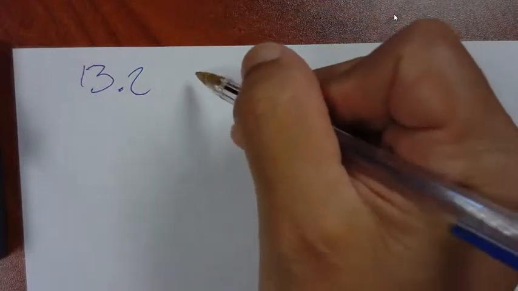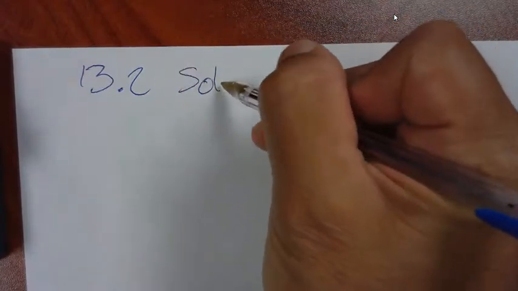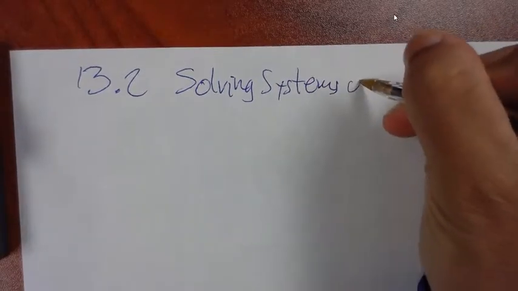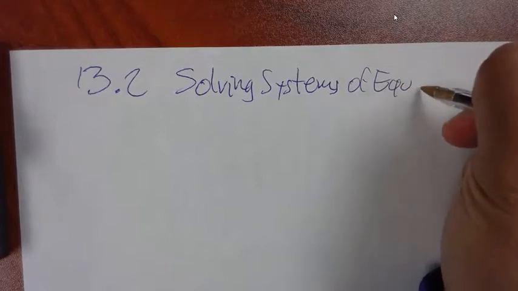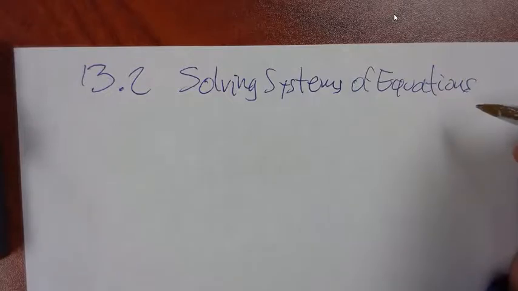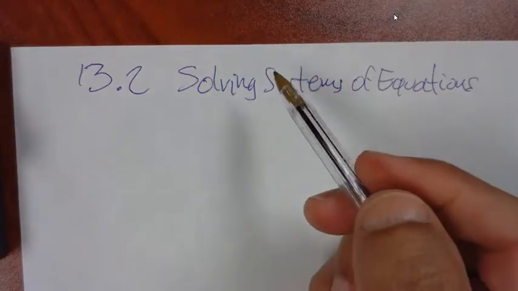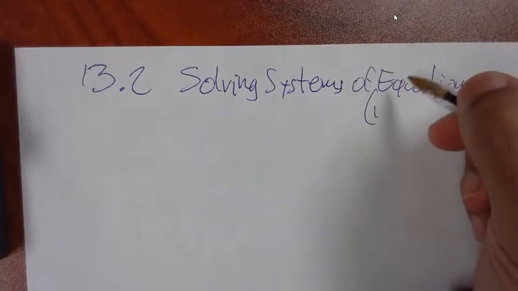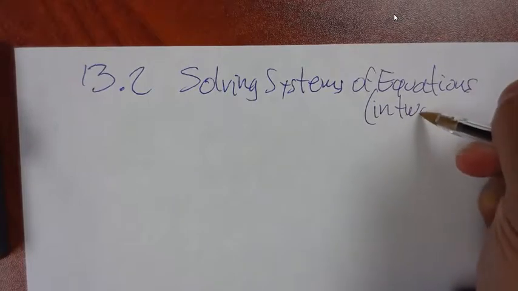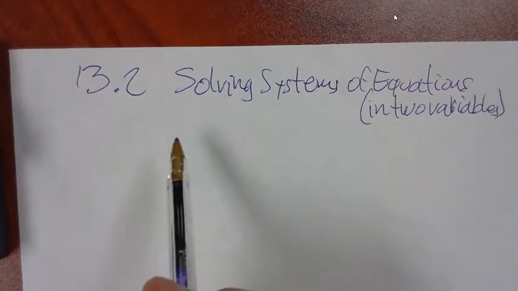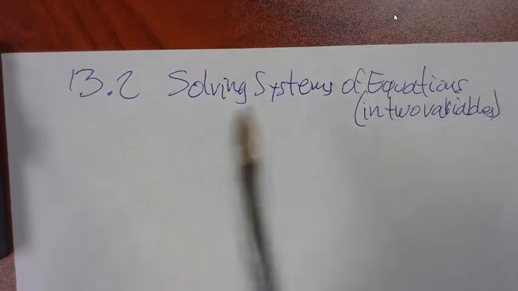The section will be 13.2, and we are solving systems of equations in two variables. I'm just going to open up a parenthesis here. There you go. You don't have to write that down, but that's what it is.